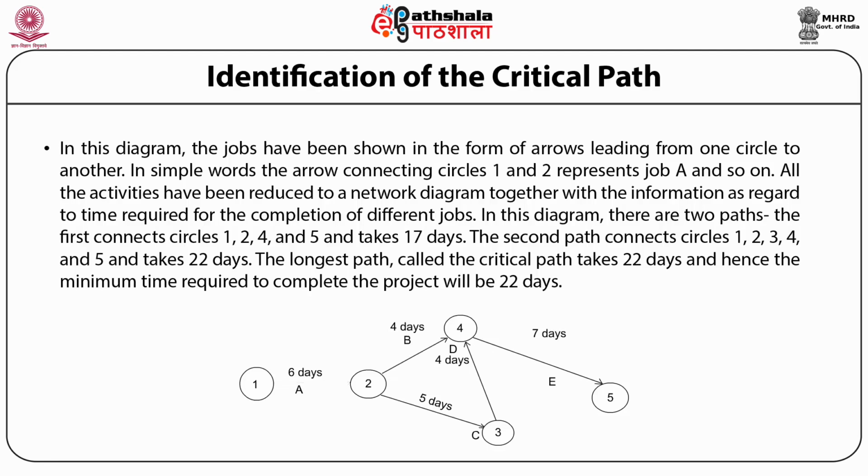The second path connects circles 1, 2, 3, 4 and 5 and takes 22 days. The longest path, called the critical path, takes 22 days and hence the minimum time required to complete the project will be 22 days.